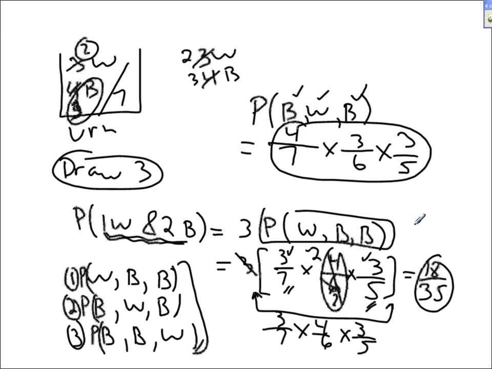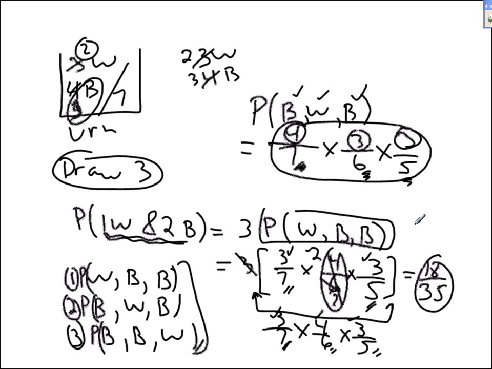The numerator has this 3, a 4, and this 3, so it is our numerator. It has a 3, a 4, and a 3. The order doesn't matter. In the bottom, 7, 6, and a 5. It's the same answer.